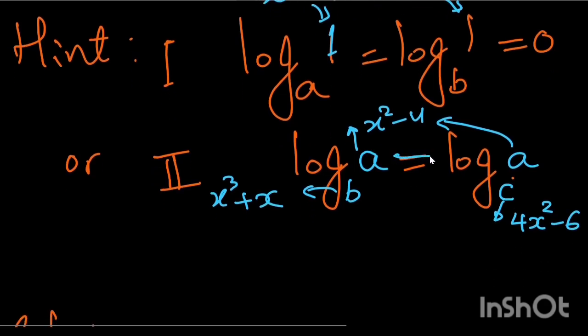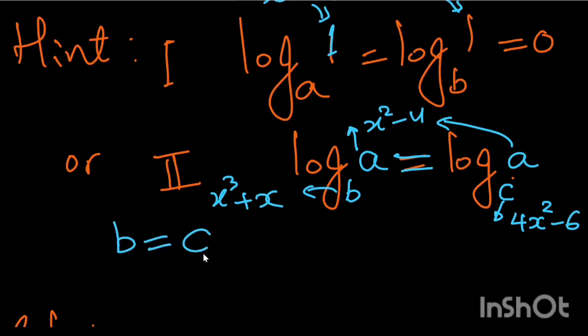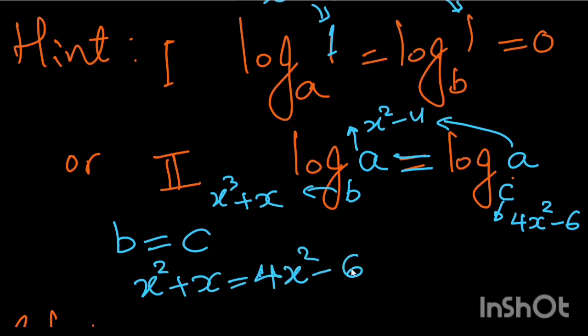Log a base b is equal to log a base c if what? If b is equal to c, guys. If we equate the bases, the arguments are already the same. So if you equate x cube plus x equal to 4x square minus 6, we again get the equality satisfied.